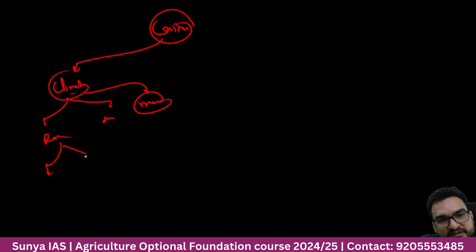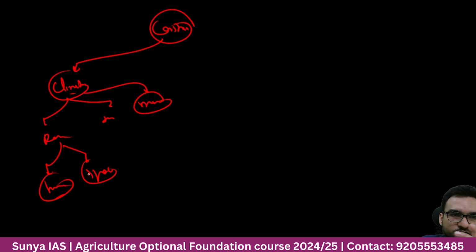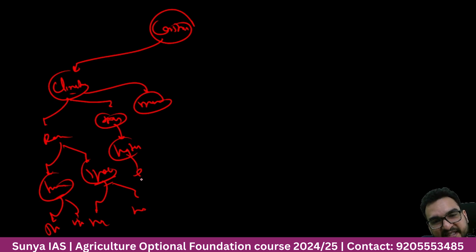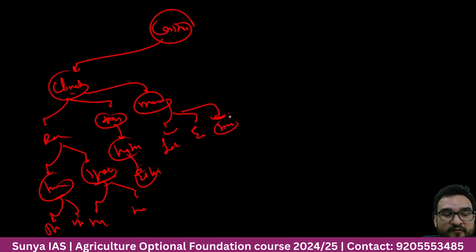Under rainfall, you will explain on the basis of time and space how the intensity and distribution is irregular. For space, you will show high rainfall areas and low rainfall areas. For time, you will say short duration or long duration. In temperature, you will say high temperature areas and ET losses. Monsoon has three conditions: late arrival, early withdrawal, and breaks or gaps in between the monsoon.